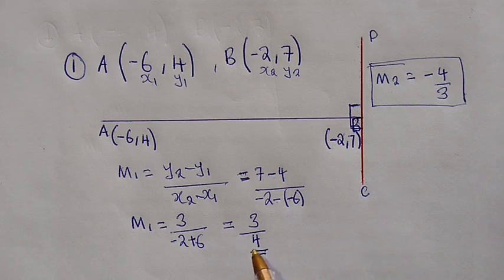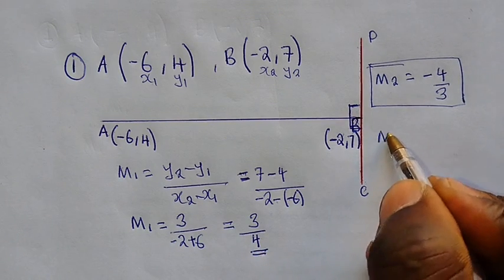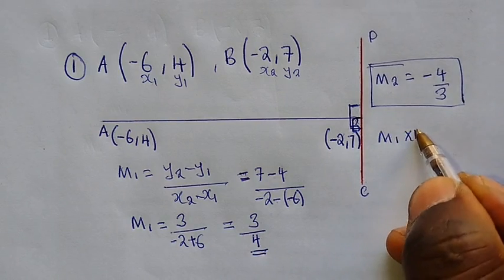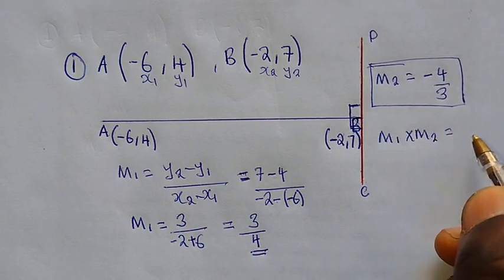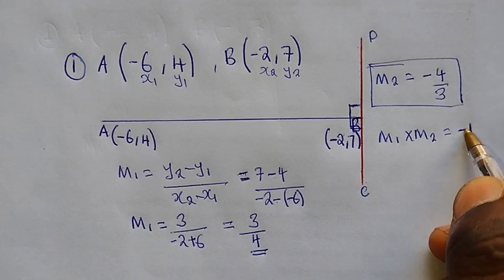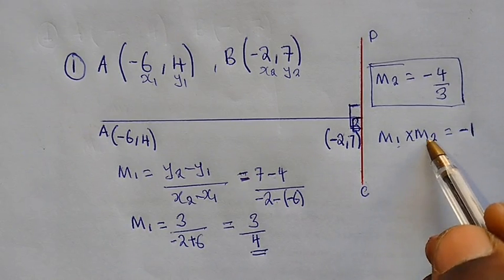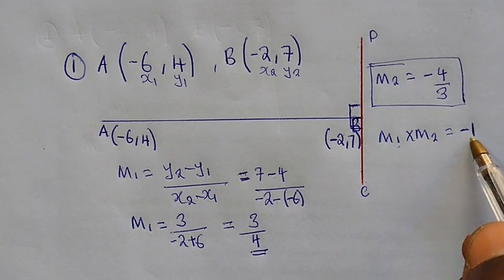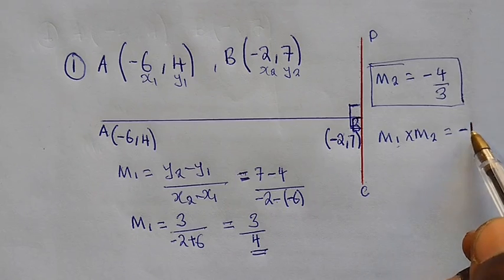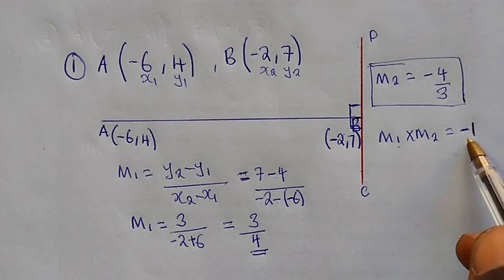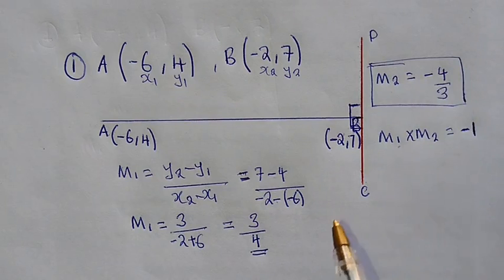The way I've gotten this comes from the idea that m1, gradient 1, times gradient 2 should give you negative 1. So you multiply the gradient of the first line times the gradient of the perpendicular line, and it should give us negative 1. You can use this to get the same value for gradient 2.